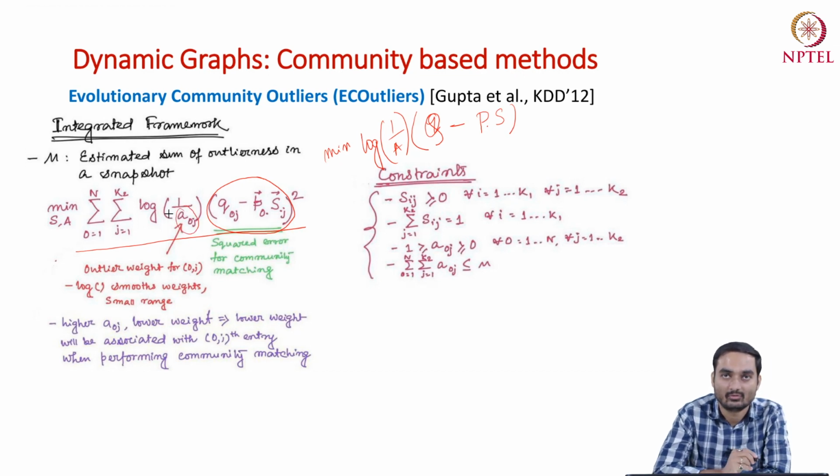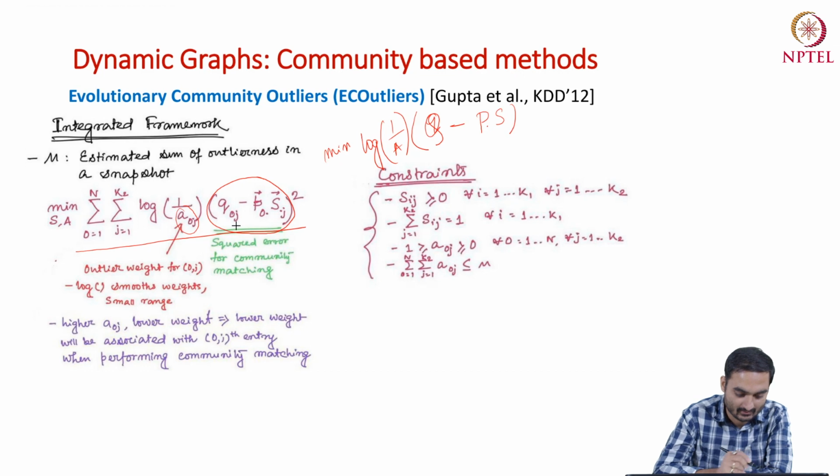Let us look at this one. What is A? Aij is the outlier score of node i to community j, and this is the error. So, the higher this outlier score, the lower this would be. This is basically a weighted sum, so it would contribute less towards the error.